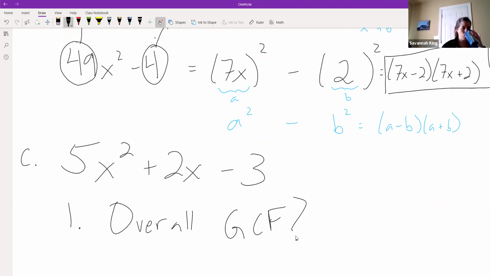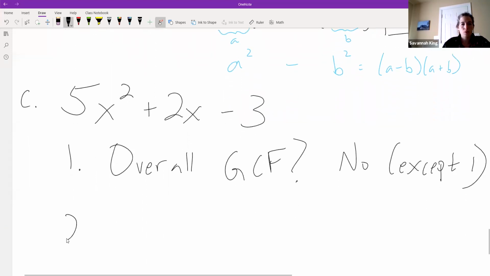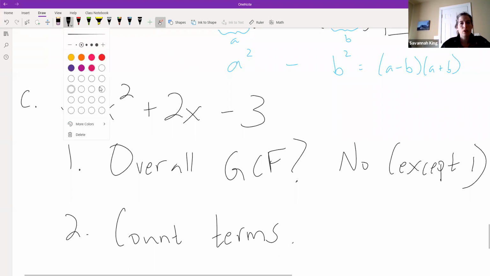And if so, what is it? There is none, except for 1. So I count the terms, and there are 3 terms, pretty obviously.